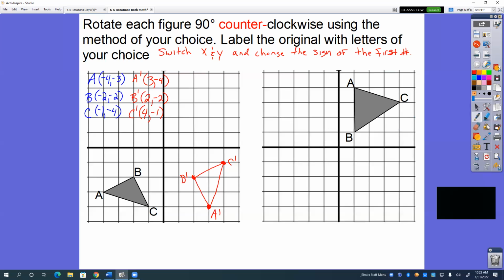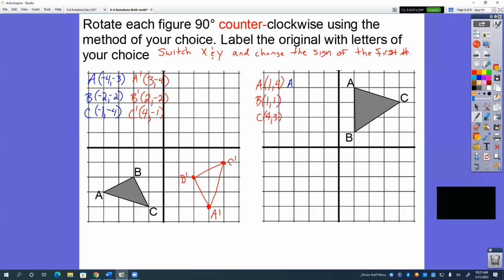All right, so A is 1, 4. B is +1, +1. And C would be +4, +3. And then again, switch X and Y and change the sign of the first number.